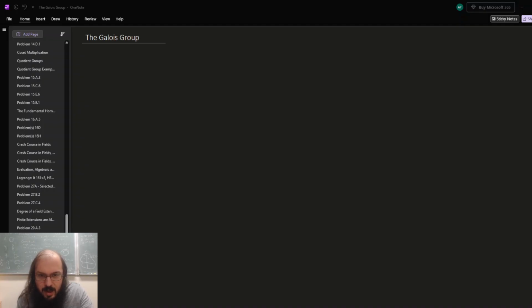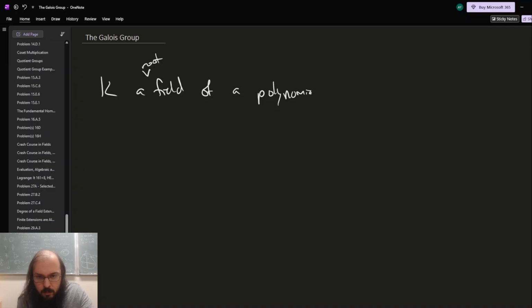Our setup for today is we have K, a field, in particular a root field, splitting field, of a polynomial with F coefficients.